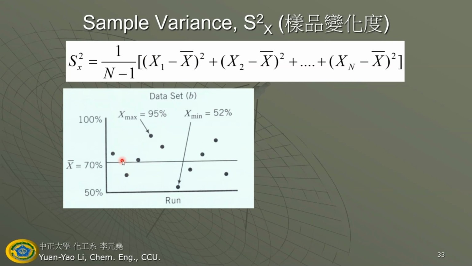Number 2 minus the average, bracket power 2. Why do we need to do this? Because there's plus and minus. If you square it, you will get all positive numbers, so that it makes sense, right?